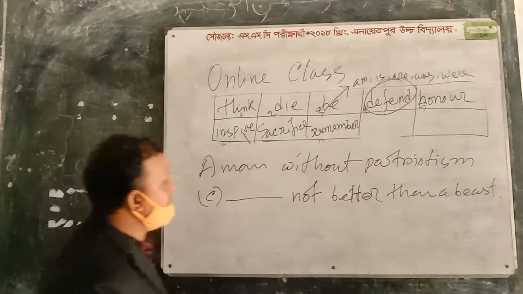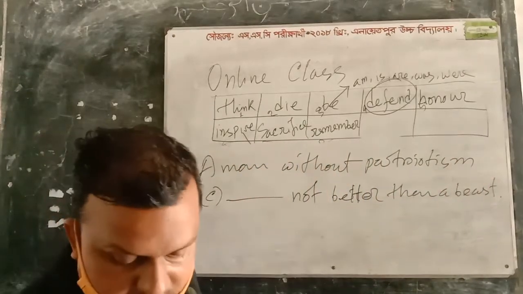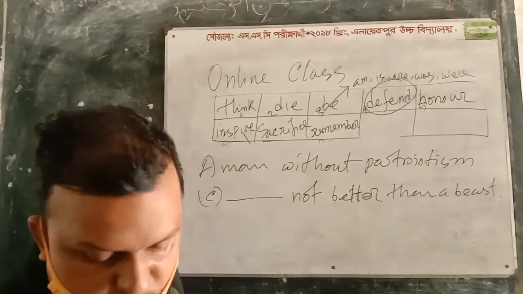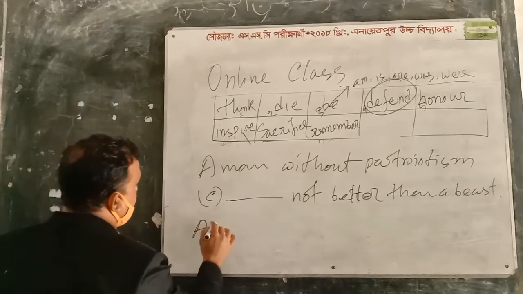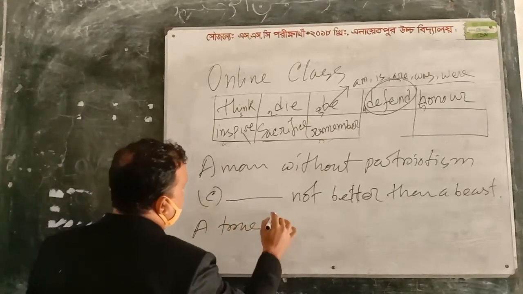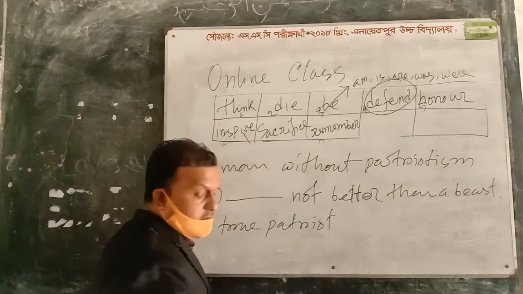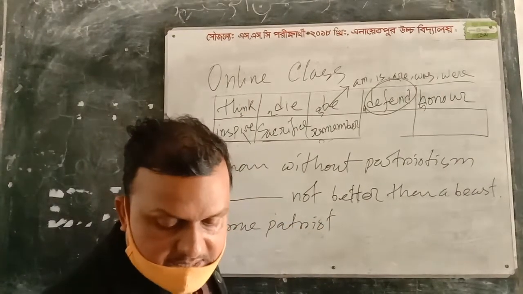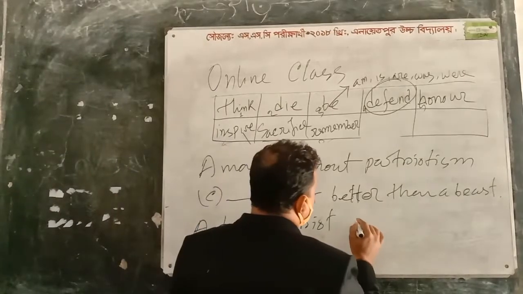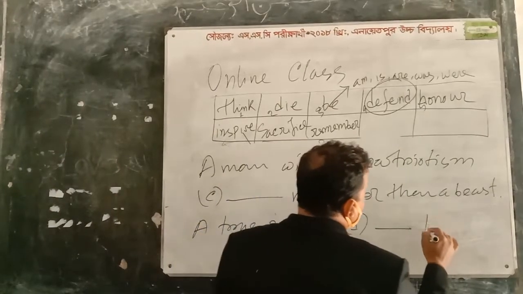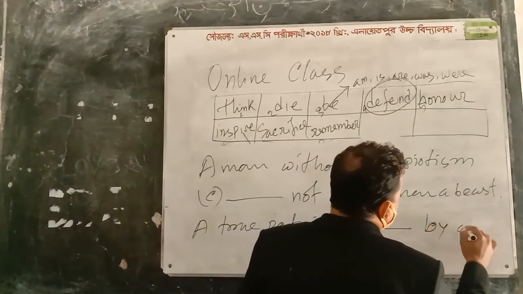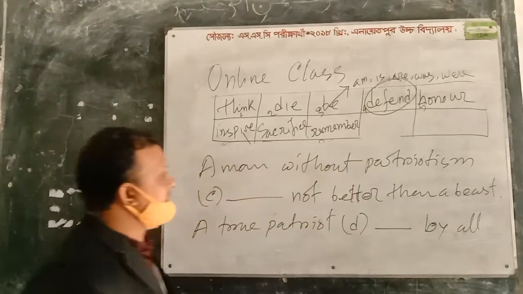So this is another problem. And the next problem: a true patriot dash by what? D: dash by what? So this is another two problem.